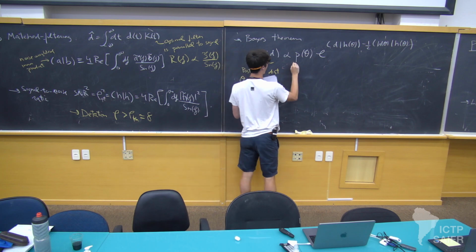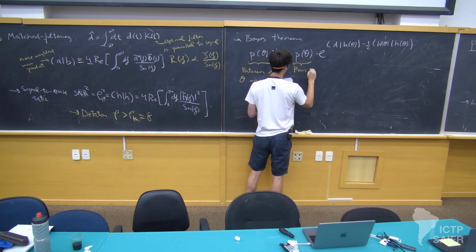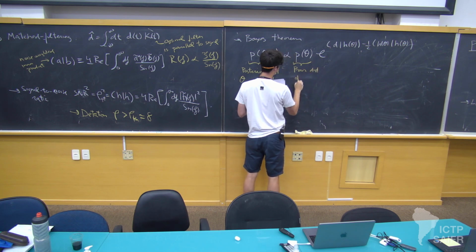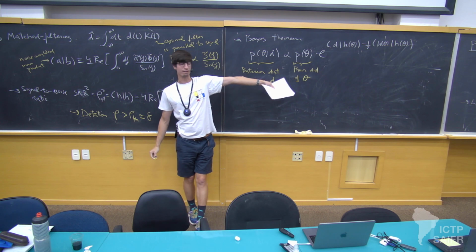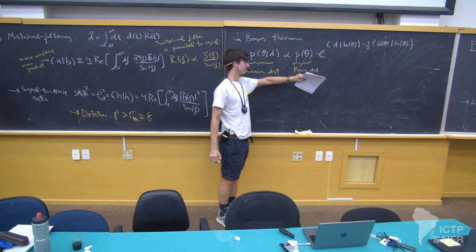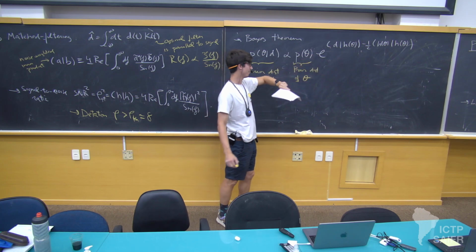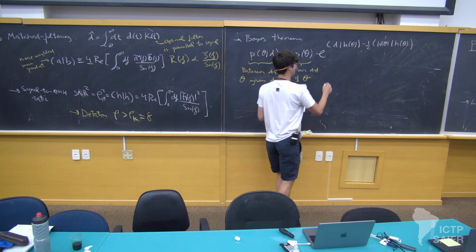That depends on our prior assumption, the prior distribution of theta. This could be uninformative, where we say we don't have any idea of what the parameter would be, so it is flat, or it could be something that is informed by previous data.